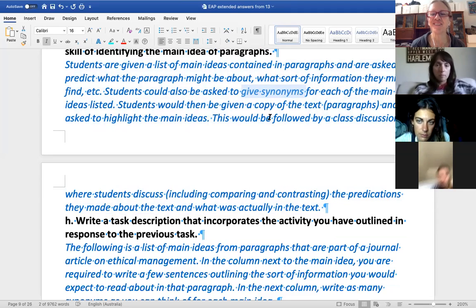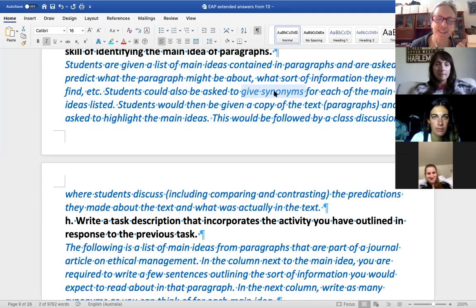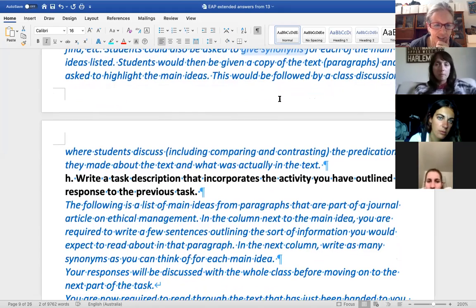Usually I have the answers circled. So if they understand... Oh, give topic, synonyms. Yeah, synonyms. So if they paraphrase it and put it in their own words, then they're more likely to understand it. So find the main topic or topics in the paragraph and then give synonyms for whatever the main topic or subject is.